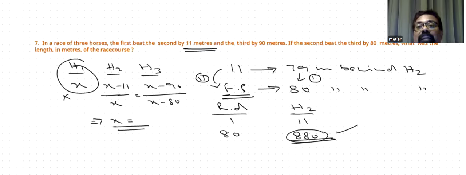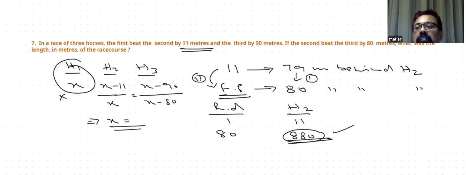So 1 meter is equivalent to 11 meters traveled by horse 2. So 80 meters is equivalent to 880 meters traveled by horse 2. When horse 2 traveled 880 meters, it finished the race. The length of the race is 880. Good. So that smart approach will save some time, and I think you can calculate it mentally also. Next.